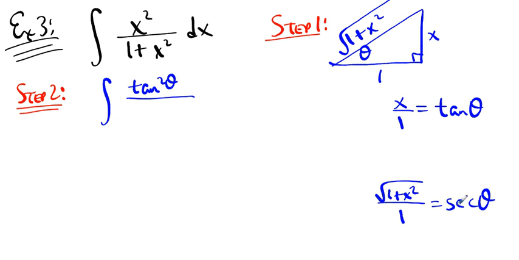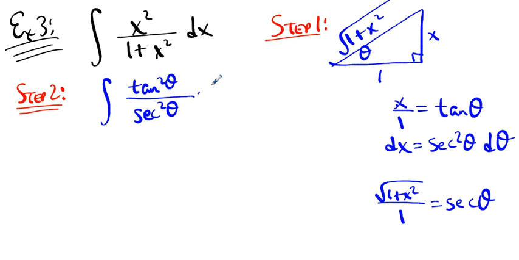That's the square of this radical. dx. Well, if x is tan theta, the derivative on x is the derivative on that, d theta. What's the advantage of that?